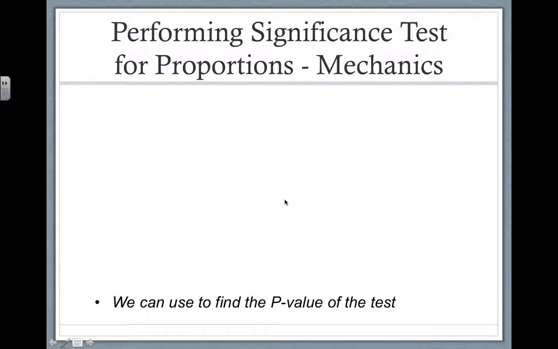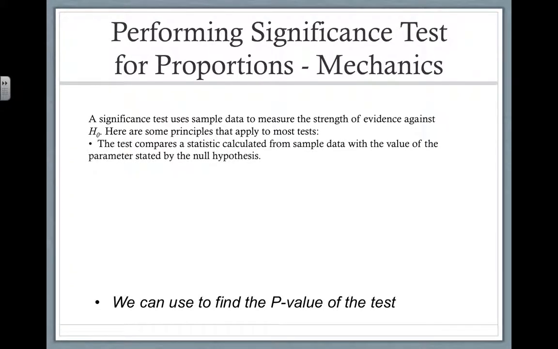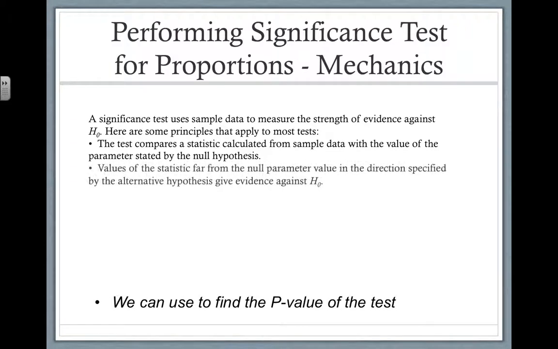Next we're talking mechanics, the calculations that have to be made. A significance test uses sample data to measure the strength of evidence against the null hypothesis. Here are some principles that apply to most tests. The test compares a statistic calculated from sample data with the value of the parameter stated in the null hypothesis.